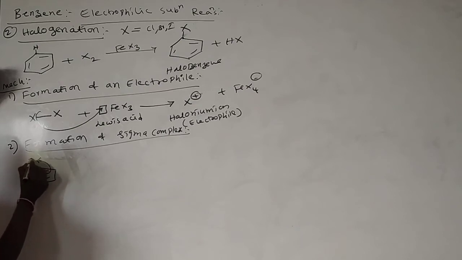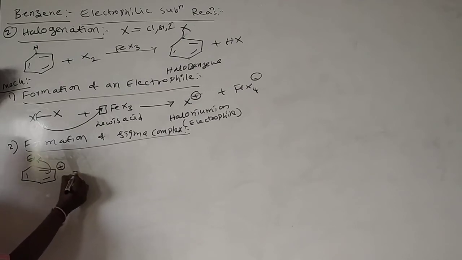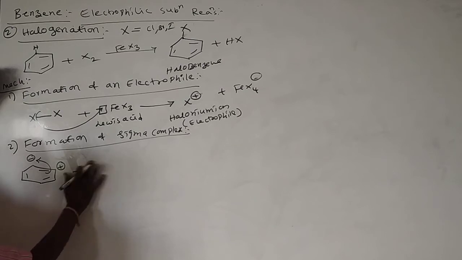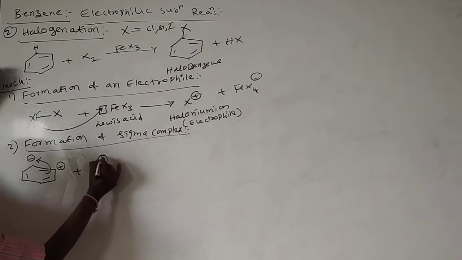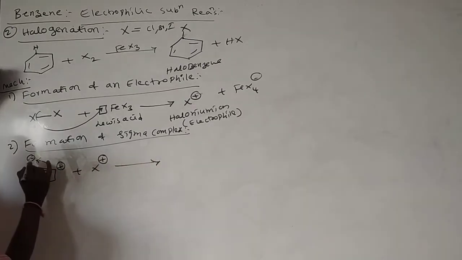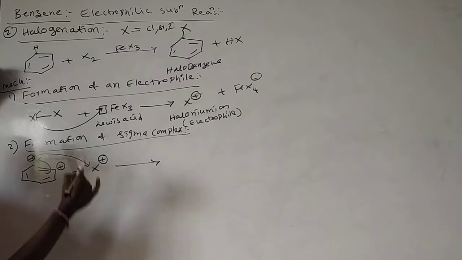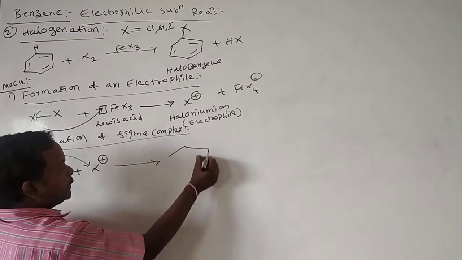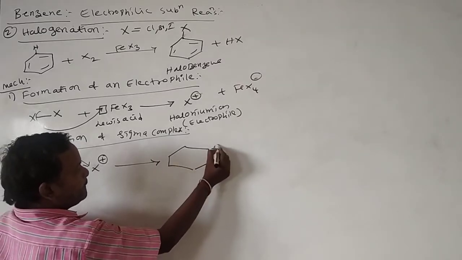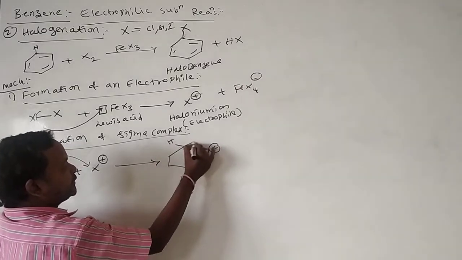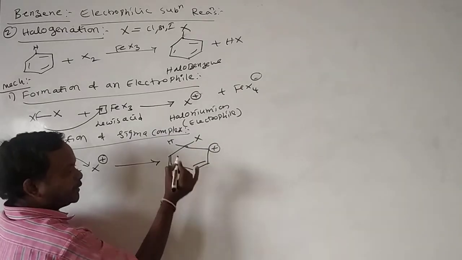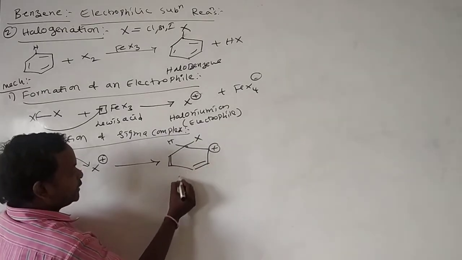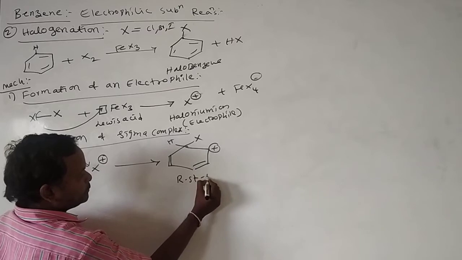The electron is transferred here, we get negative here and positive here. It reacts with X plus, this electron is transferred here, and here H, here X. We will get resonance structure 1.